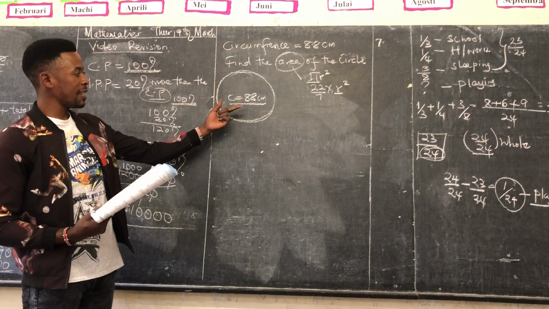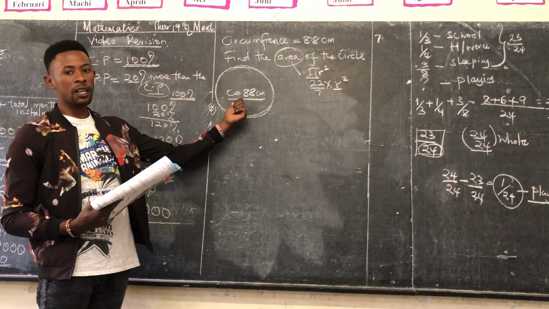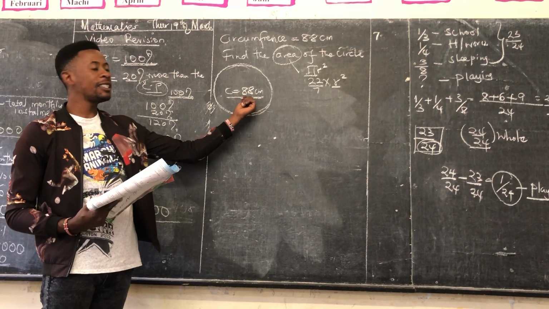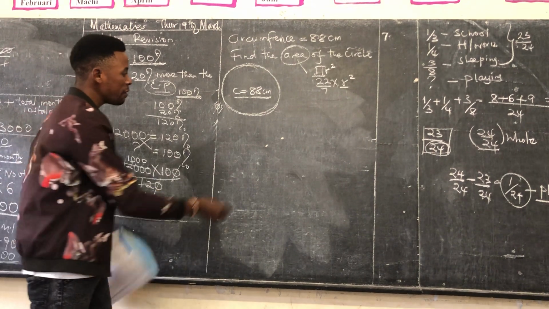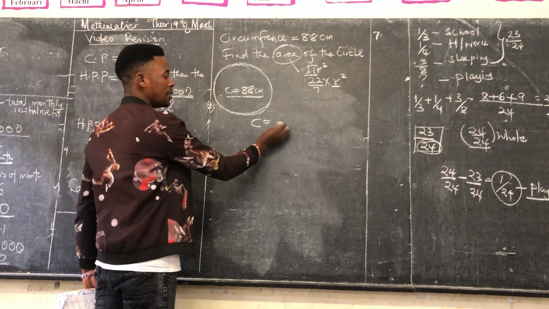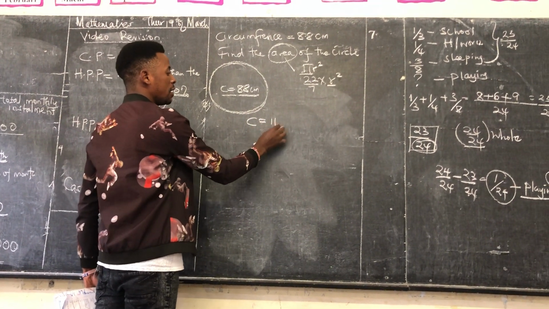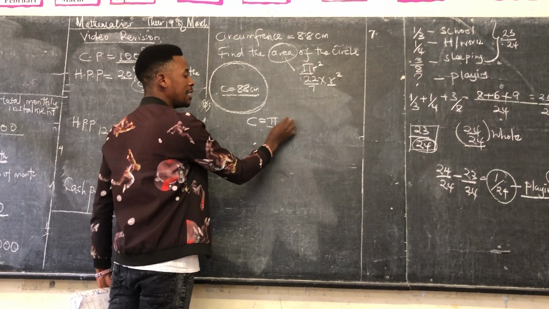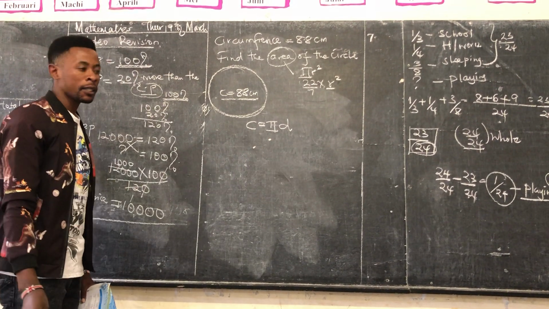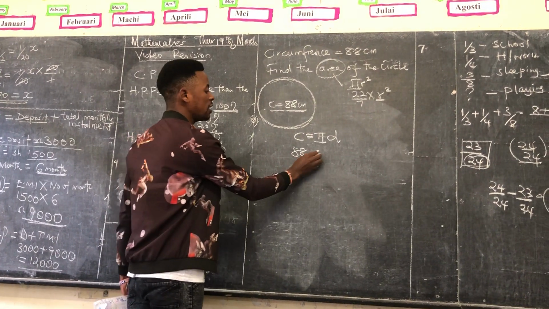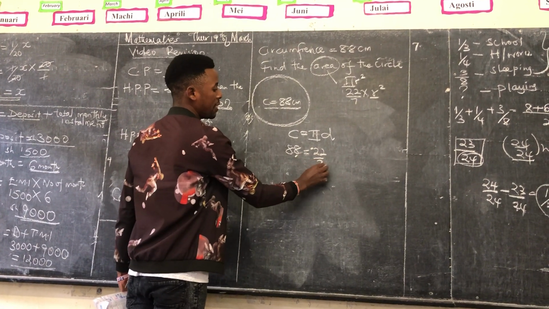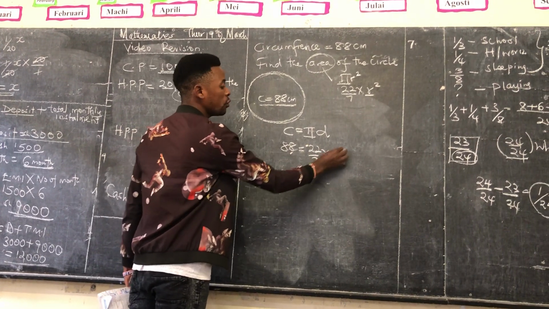But before we find the radius, we must ask ourselves, how did they get 88 centimeters as the circumference of that circle? The circumference of the circle is equal to pi d, or pi times diameter. So 88, which is the circumference, is equal to 22 over 7 times the diameter, which we don't know.